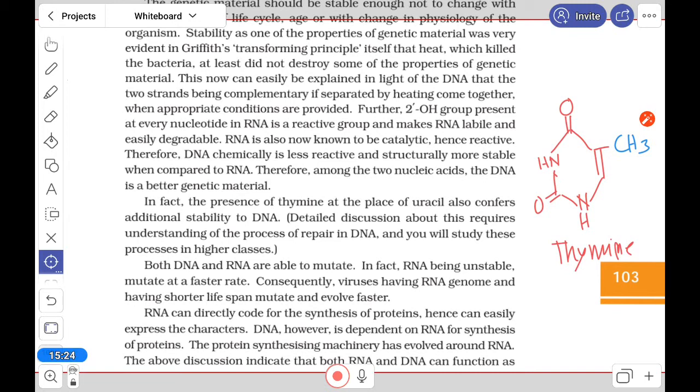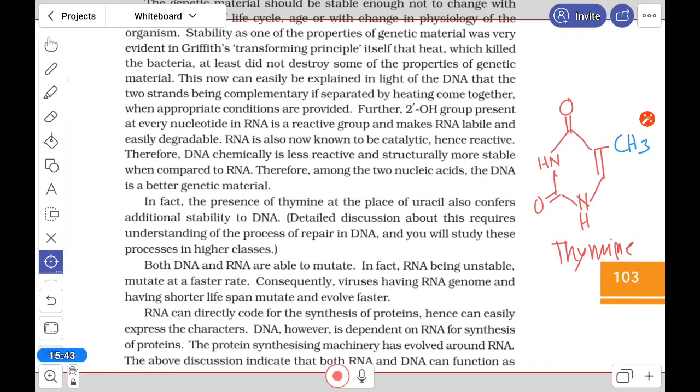It is less stable and mutates many times. In a short period of 5-6 months, it mutated 8 to 9 times. So you can understand it is not a stable genetic material when it mutates so fast.